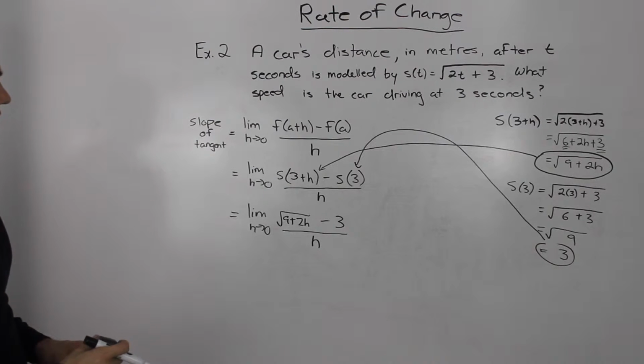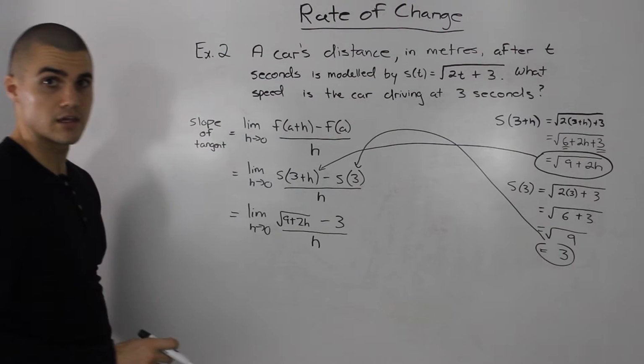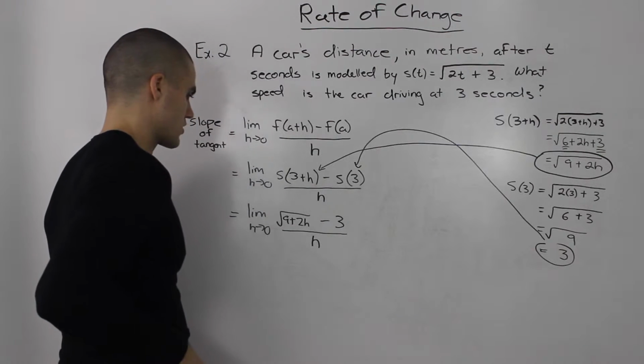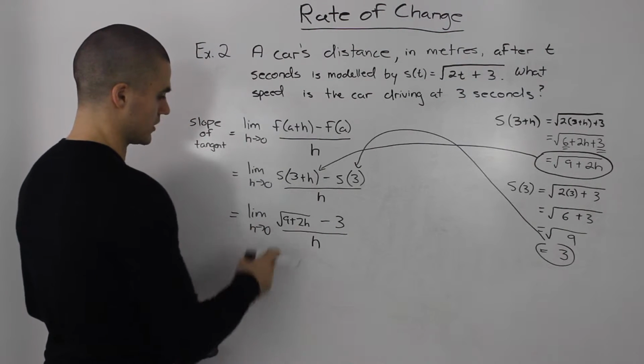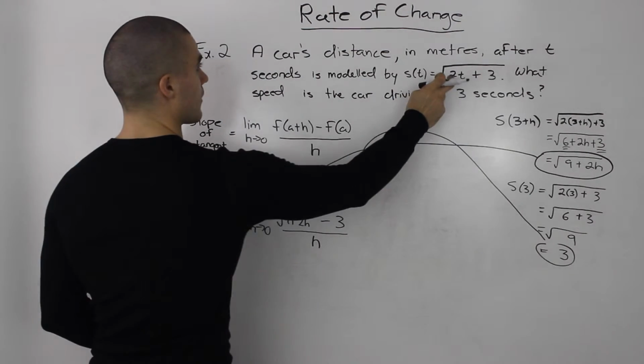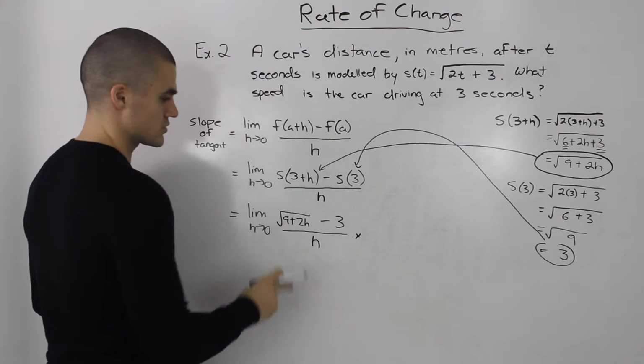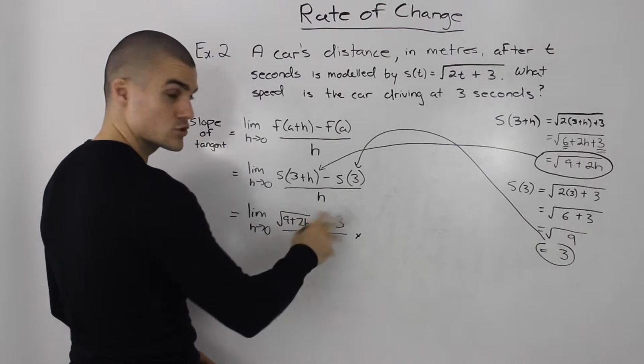Now, how do we get rid of the h in the denominator? Remember, that's our goal always, so we could plug in 0 for h. Well, whenever we're dealing with radical functions, we have to rationalize the numerator. So when we rationalize the numerator, it's a two-term.